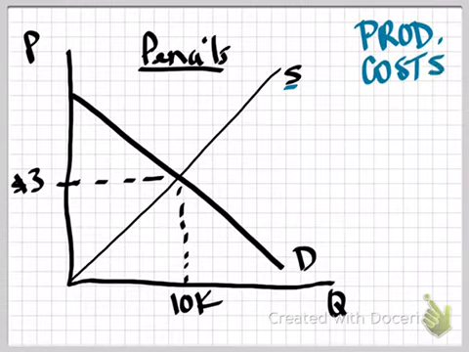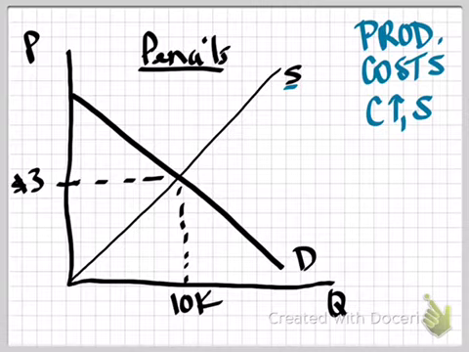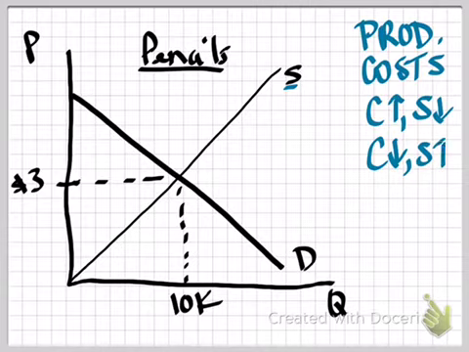Okay, and so the way you need to think of this is anything that causes the cost to go up, we're going to see supply go down, and anything that causes the cost to go down, we're going to see supply increase. Okay, so keep that in mind as you're thinking about potential changes in supply.